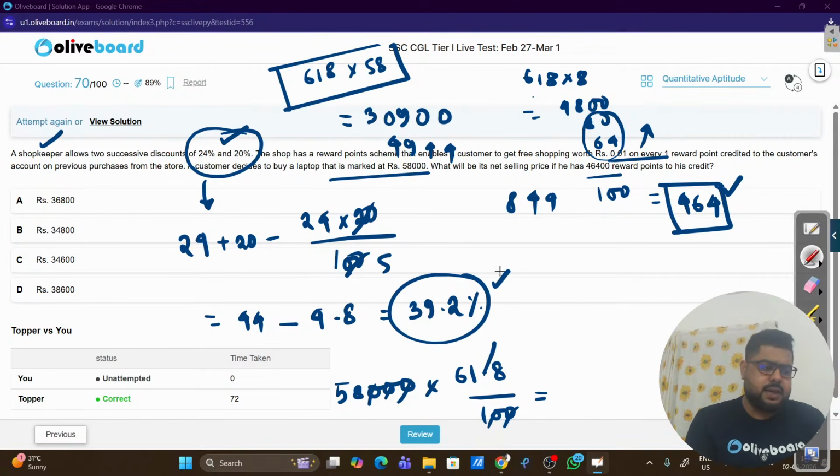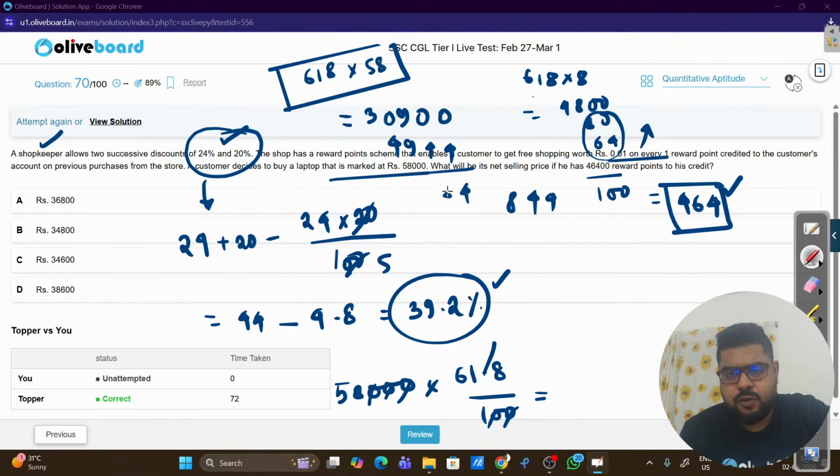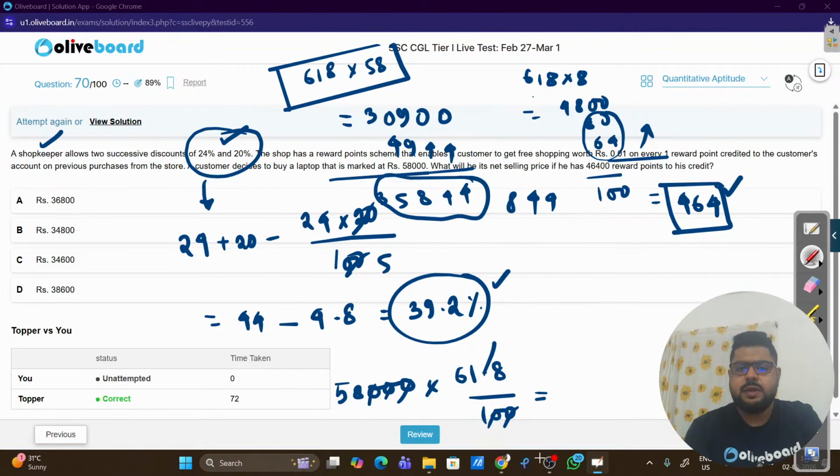Let's see, I guess there is some error. 35844, that is the price.